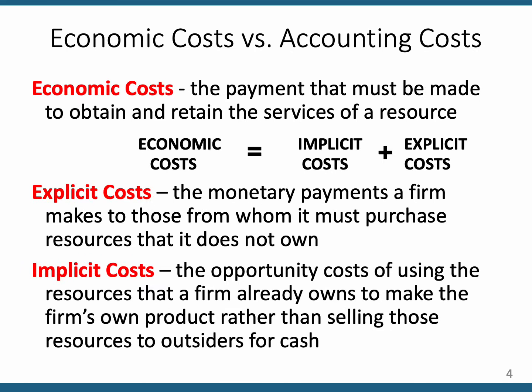So here it is. Economic costs equal implicit costs plus explicit costs. Explicit costs, again, are costs that are monetary payments that an accountant would be tracking. They're very obvious. Implicit costs, sometimes you have to think about them a little bit. They also include any of your own resources that you're using in your business if you're starting a business, for example.